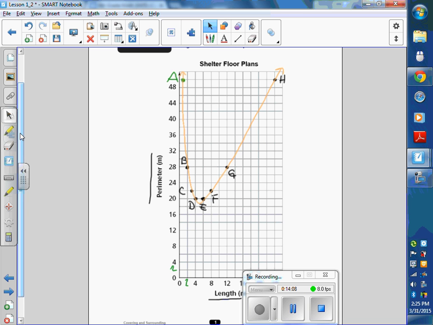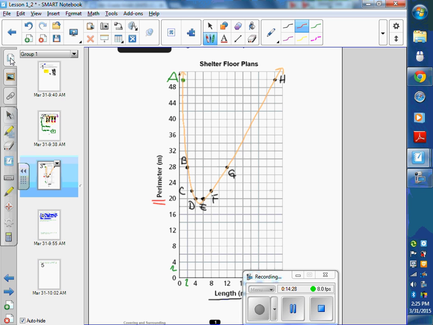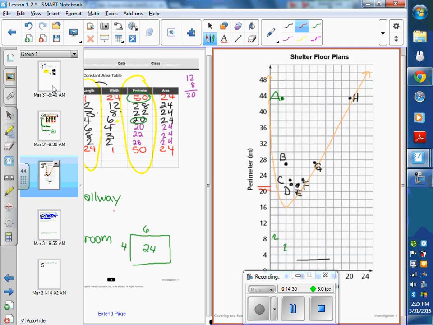A and H. They have the rectangles with the greatest perimeter. So even if you didn't have the rectangles, you are going to be using the graph reading. Okay? So the perimeters are on the vertical axis. So A and H are the rectangles with the greatest perimeter.